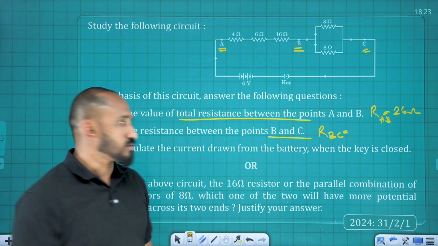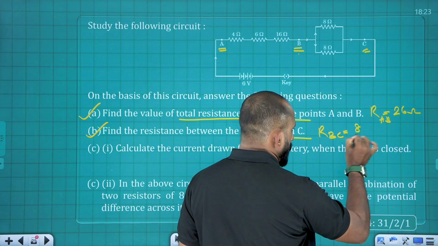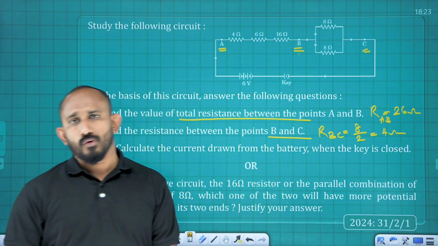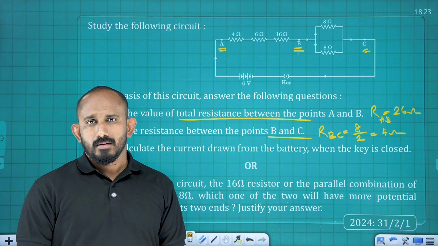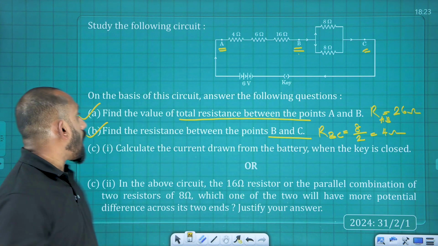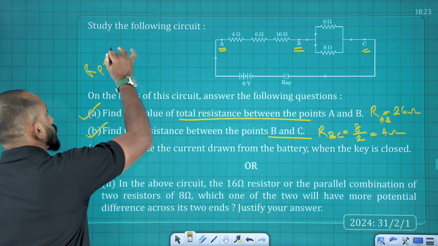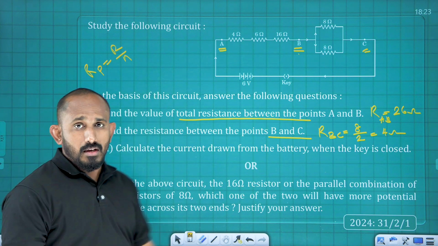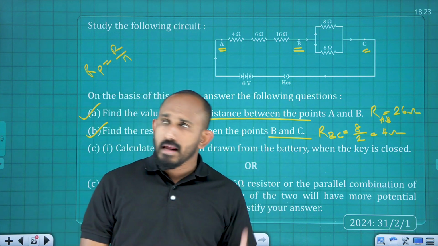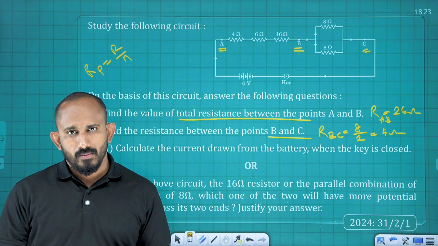Then RP will be 4 ohm. You can do R by 2, 8 by 2, 4 ohm. Because parallel resistors 8 and 8 are there, we have a shortcut. RP is equal to R by N. If all the resistors have the same value, then R by N will be the net resistance.